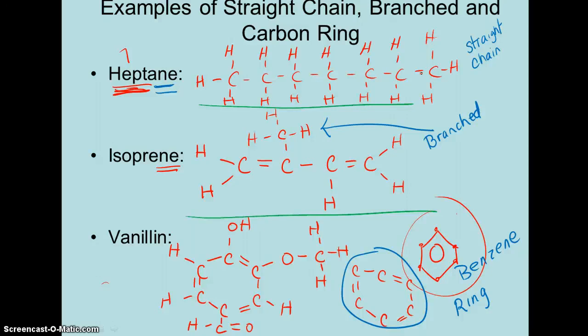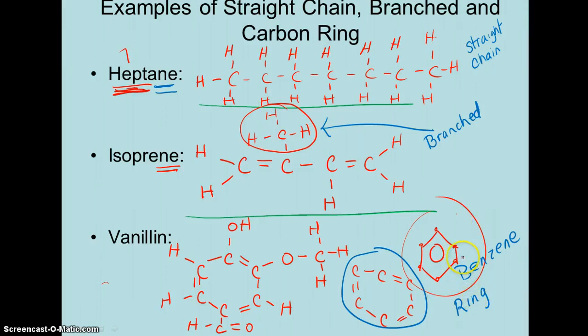Isoprene, one that I won't be drawing a ton in class, but this is isoprene. Just to give you an example, I'm not going to talk in detail about this yet. I just wanted to show you what a branched chain looks like. Kind of like my isobutane has that random branch just sticking right off of it, okay? And vanillin, which is like the vanilla that you use in cooking, is a ring.